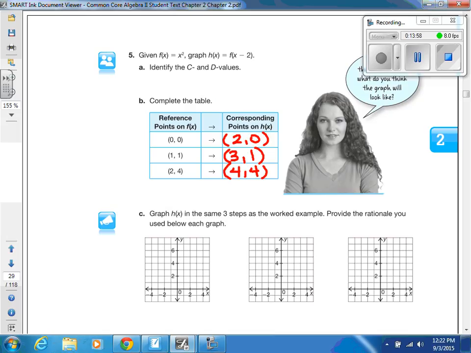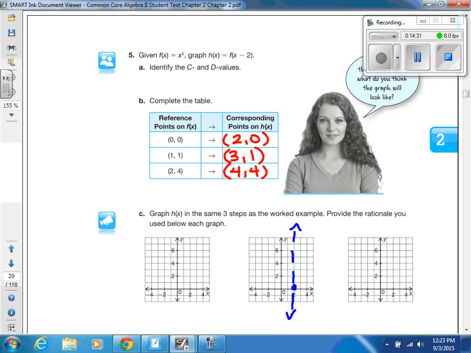The vertex is still the vertex, it's just in a different place. Okay, so what's the new vertex? 2, 0. That's right here. Since it's the vertex, it has an axis of symmetry that passes through it.